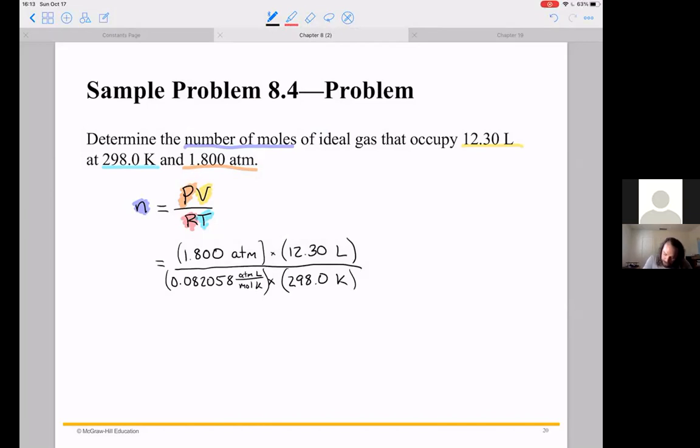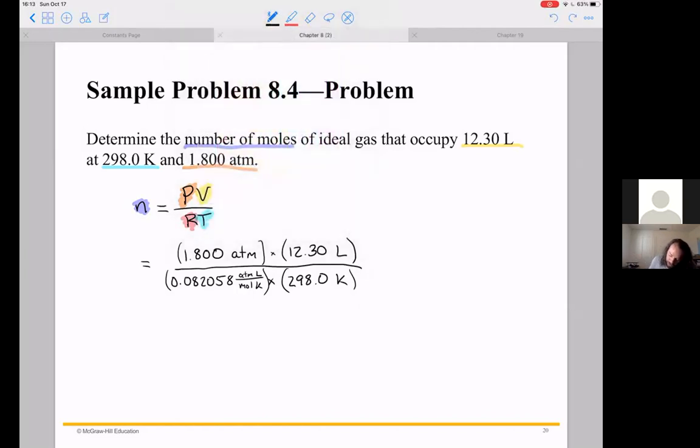In particular, this is a really important problem to follow along to make sure you do it correctly. This whole thing on the bottom here needs to be in one set of parentheses, because you want to divide by that whole thing. If you don't put it in parentheses, you'll end up dividing by R and then multiplying the whole thing by T, not dividing by T.